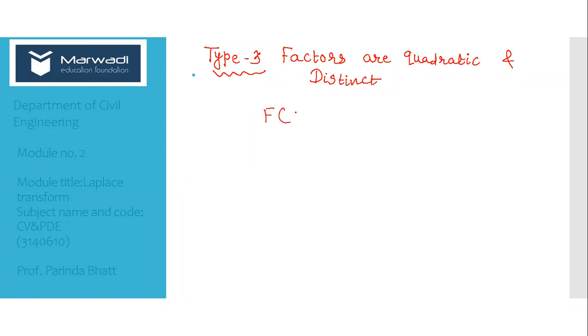F of s is equal to P of s by (s square plus as plus b)(s square plus cs plus d).